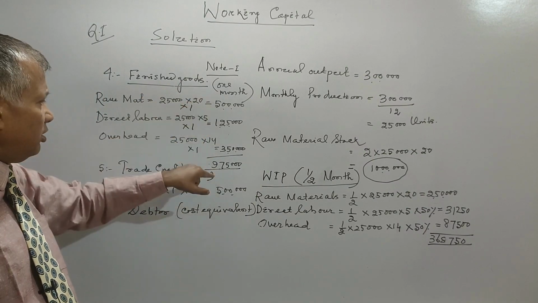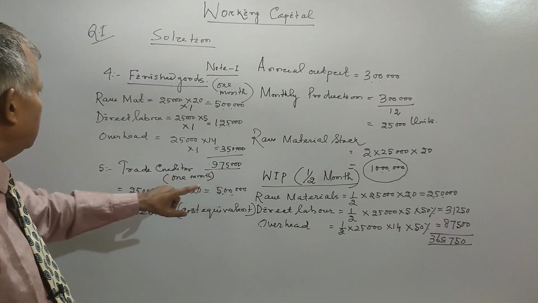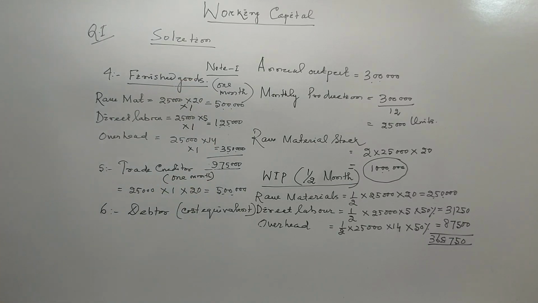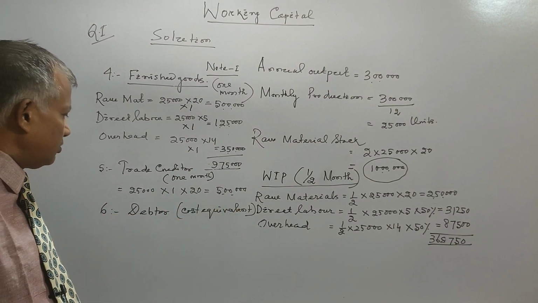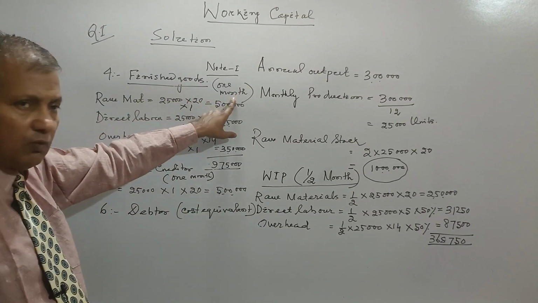The debtor will also be calculated just like the finished goods. If you want to calculate debtor on the basis of cost, the finished goods is for 1 month.